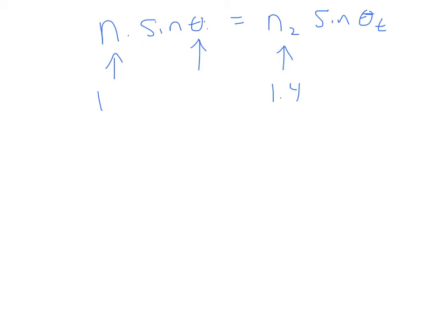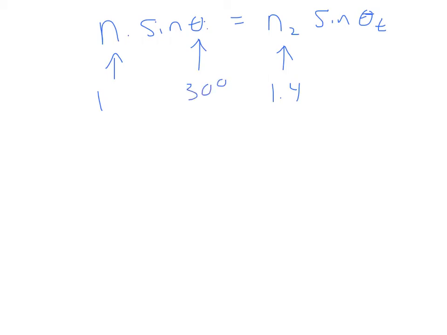So I'll write down Snell's law here. N1 sine theta incident equals N2 sine theta transmitted. Alright, so N1 is 1, N2 is 1.4, theta incident is 30 degrees.